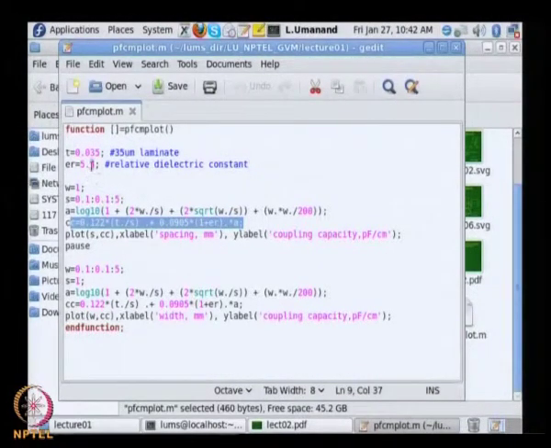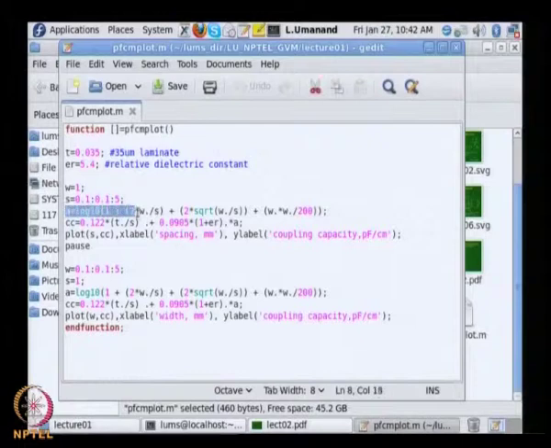Basically, I have defined epsilon r as 5.4 .* A. Now, A is nothing but the log to base 10 of a function consisting of the two variables w and s, as given in the equation. Now, w is the width, which I am taking as 1 mm.